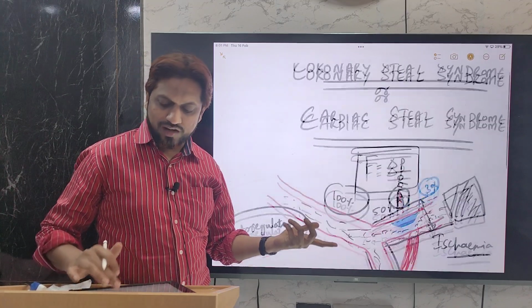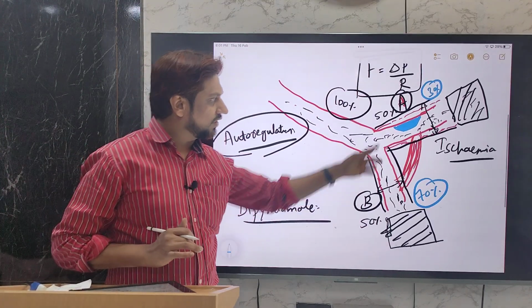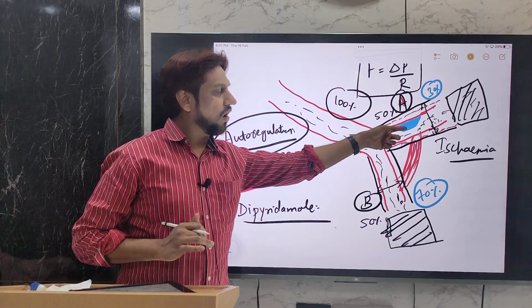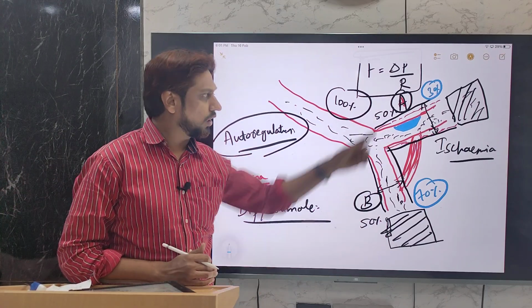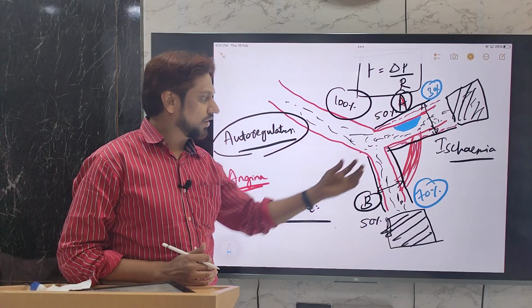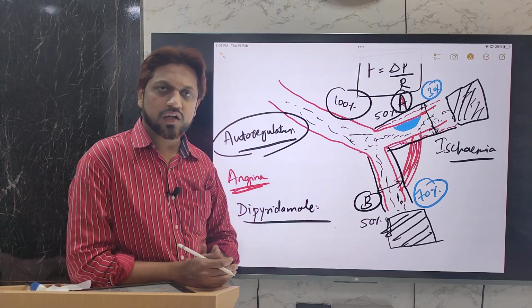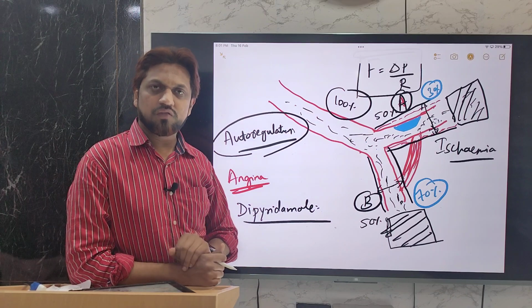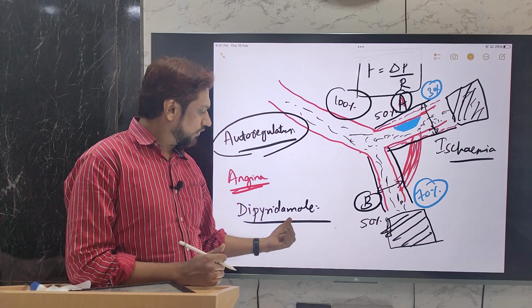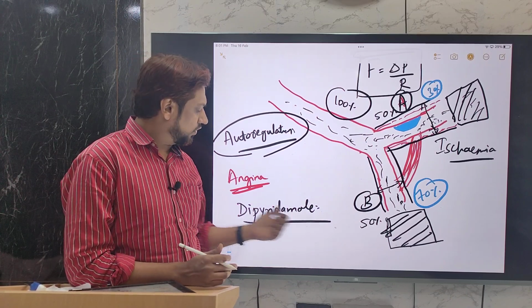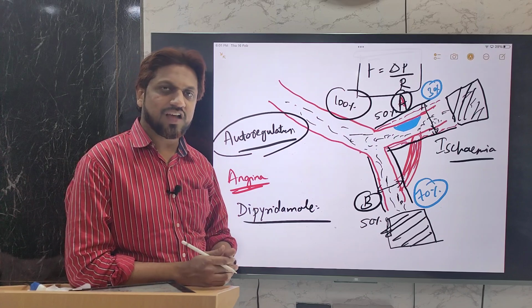Steal. So what exactly is it stealing? It is stealing the blood of the already compromised area in the myocardium. That is, coronary steal syndrome means the redistribution of the blood flow or the blood supply in the coronary vessels after the injection of this dipyridamole or after exercise.